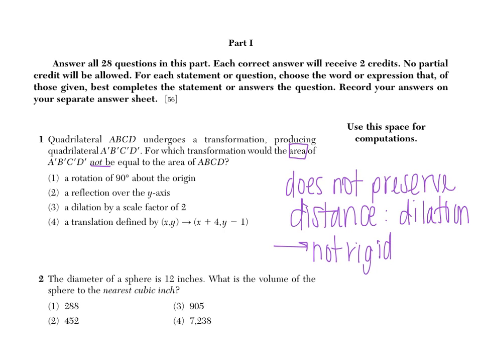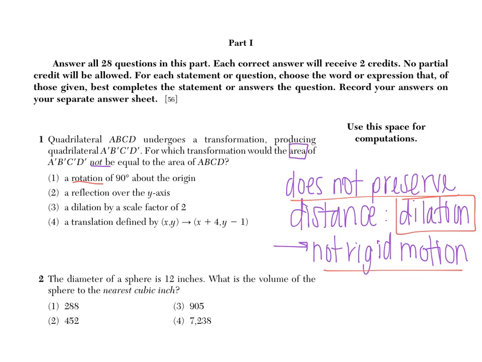There are some test questions that ask if it's a rigid motion or not, or which of the following is not a rigid motion. Sometimes test questions will also ask you, using the properties of rigid motions, to determine why two triangles are congruent. So it's important to understand that we do not preserve distance, which means it's not a rigid motion, and we're looking for something that's talking about dilation, because in that case, the areas would not be equal.